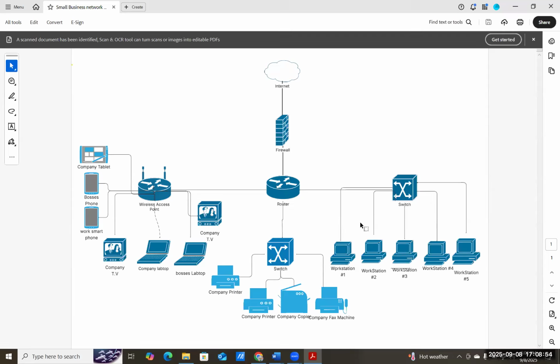Right? This one is also missing a server. That was the request from the business, to place a server. So where would you place your server? I see a lot of diagrams that were submitted, and the server was either sitting right here or right here, okay? Keep in mind that a regular router doesn't have a lot of ports.